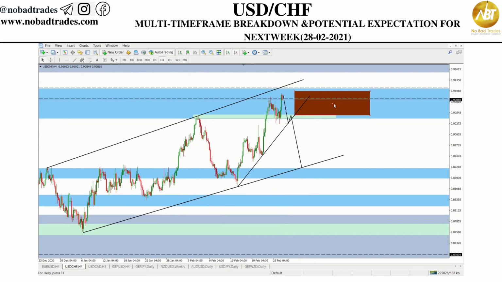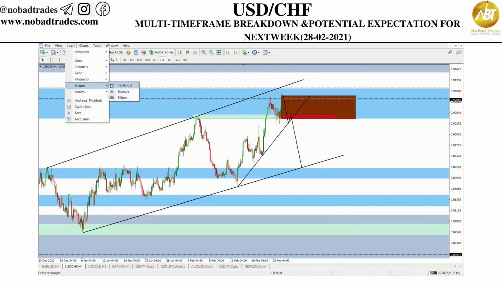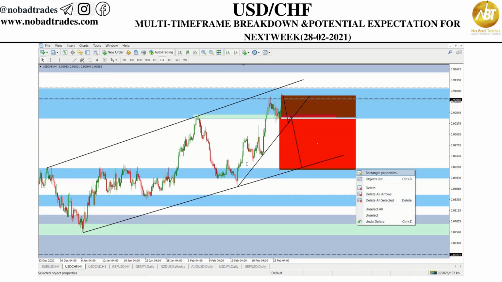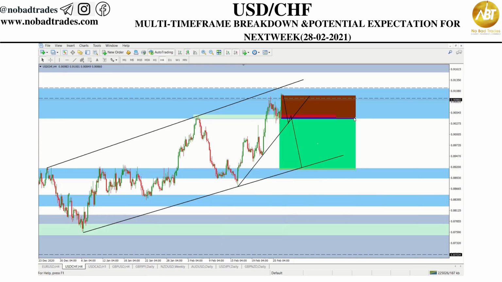After I get a price break on this level, I'll be looking at a stop loss around this level, about 58 pips, and a TP down to this key level.